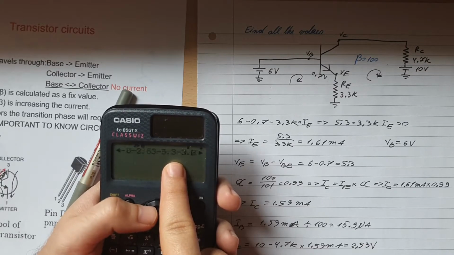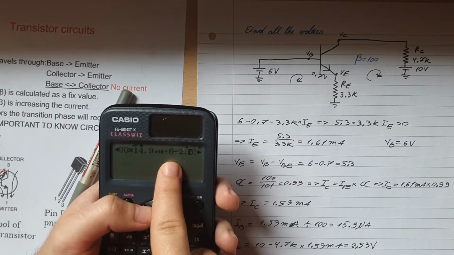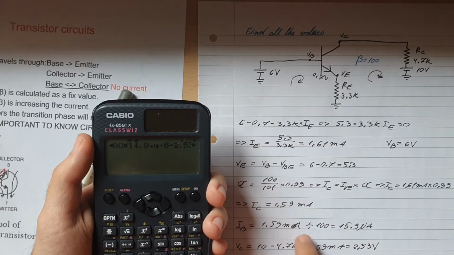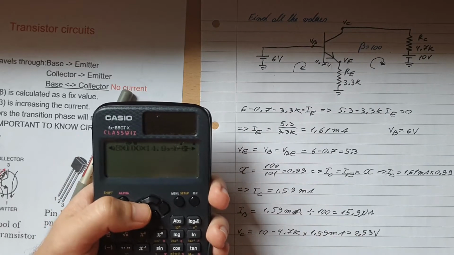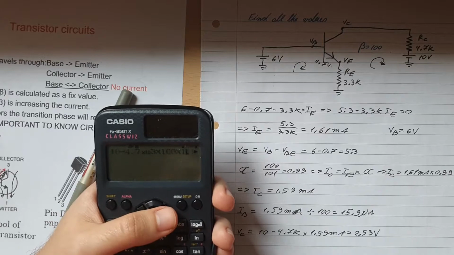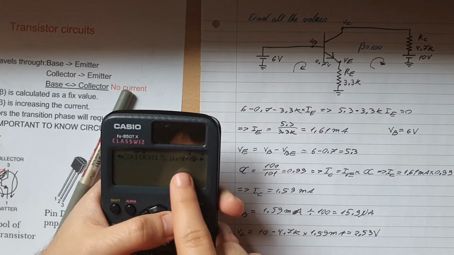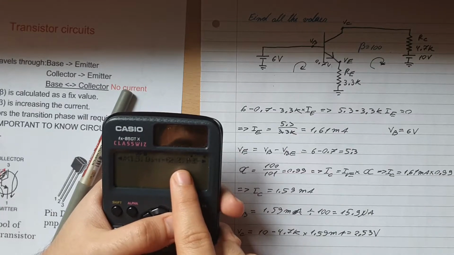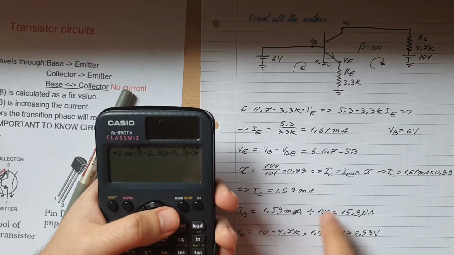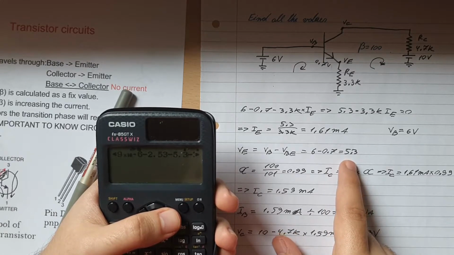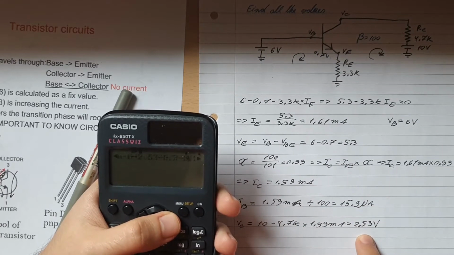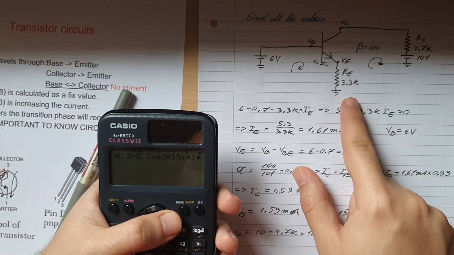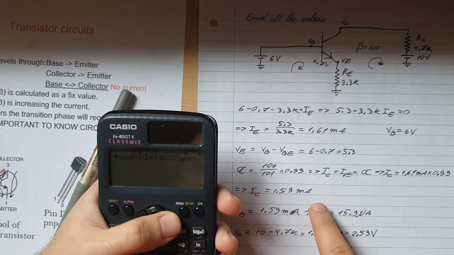Let's see. So that's 114 point, let's see here, no, it's 15.9. Okay, but that shouldn't make a big difference. Minus 6, the micro, minus 2.53 minus 3.3K times 101 divided by 50.9.